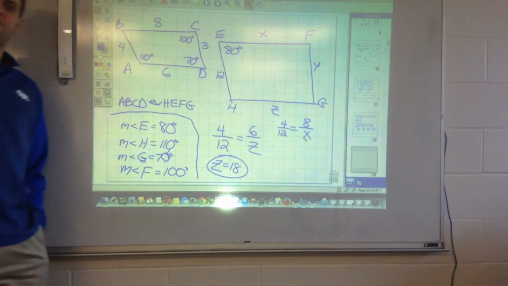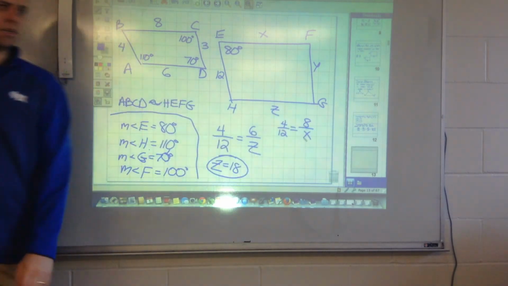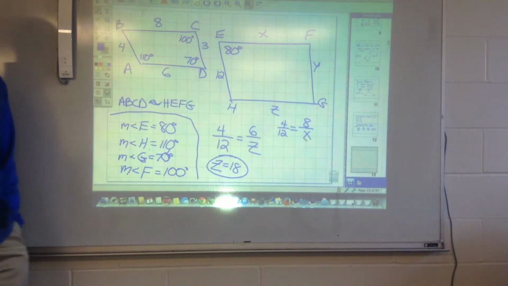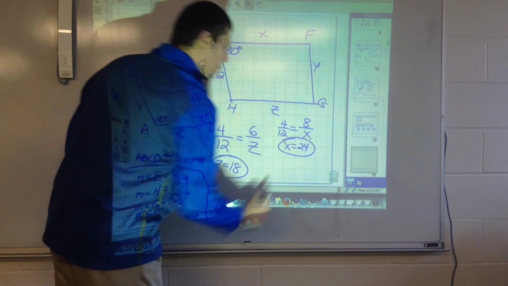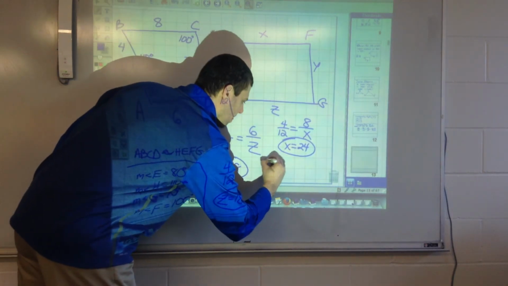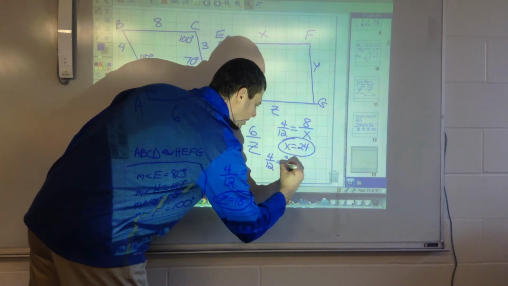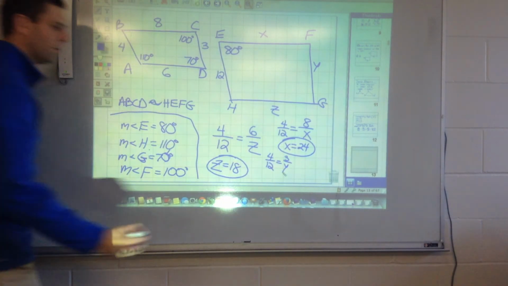That one probably doesn't take even cross products. If 4 is to 12, then that has to equal 8 is to 24, right? So X is 24. And the last one, 4 is to 12 as 3 is to Y. The Y would equal 9.